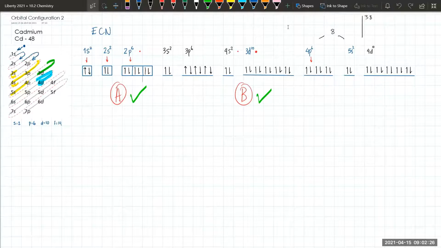I feel more comfortable with this one because that's the method I was taught when I was your age. So you will see me always doing this method, like A. But I know that it requires a lot of time. So B also works. It's going to be correct if you do it like that. Anyway, it will be fine. So this is the full orbital configuration.